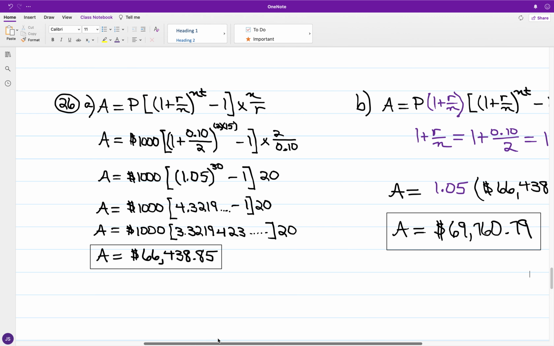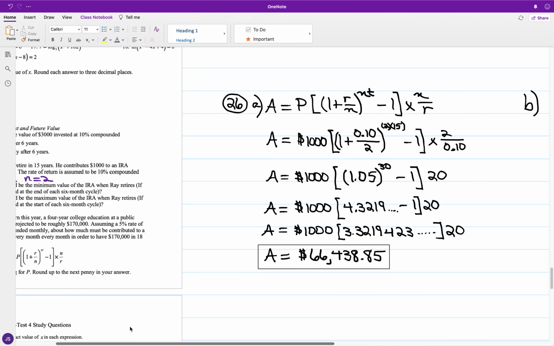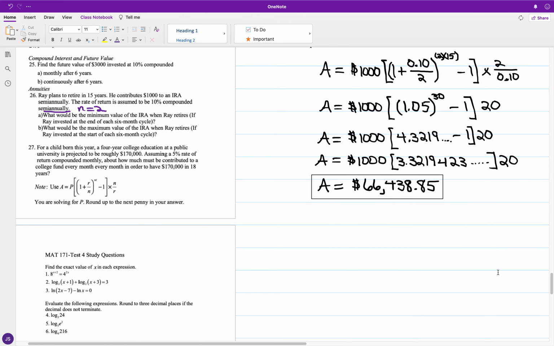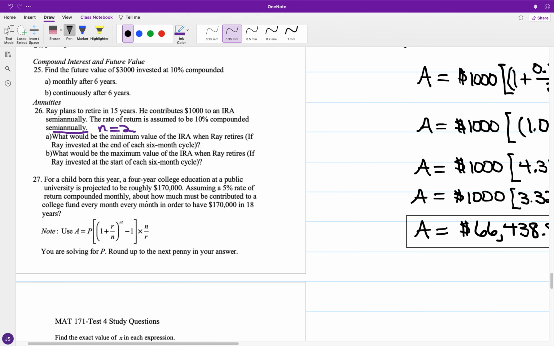Now, for what we have in number 27, this is kind of going in a reverse direction. Same formula, but where the future value is already provided. For 27, we have for a child born this year, a 4-year college education at a public university is projected to be around $170,000.